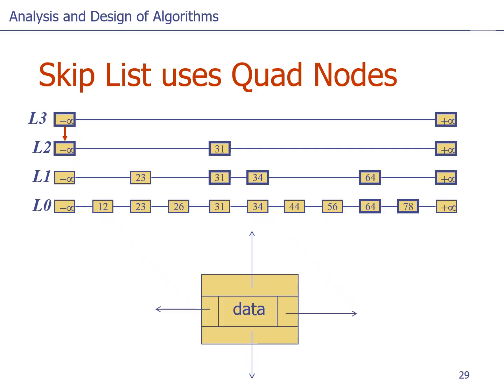The lowest level, which is level 0, will always have all the data items or all the nodes present. So if you'd like to compare this to a doubly linked list, level 0 is a typical doubly linked list. The levels above it are not exactly that. They are created in a certain way. So let's first see the search before we see the creation.